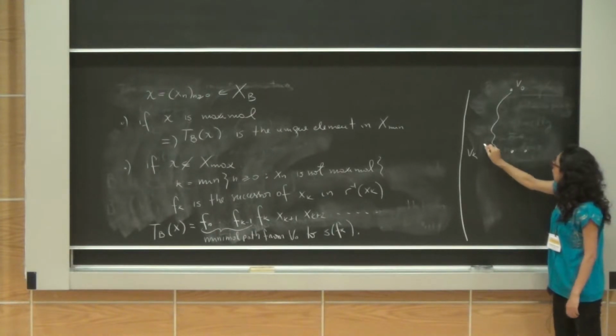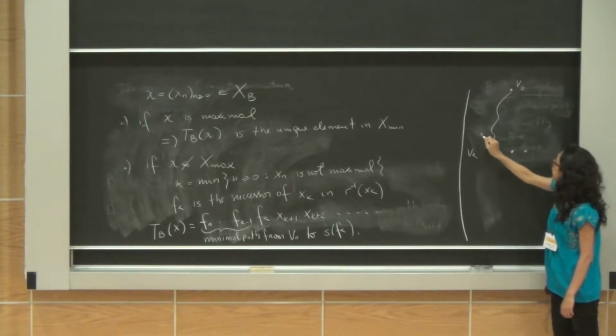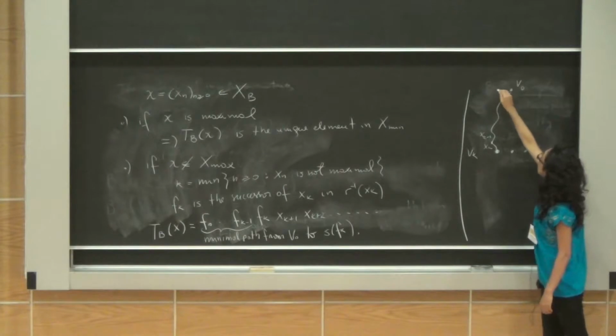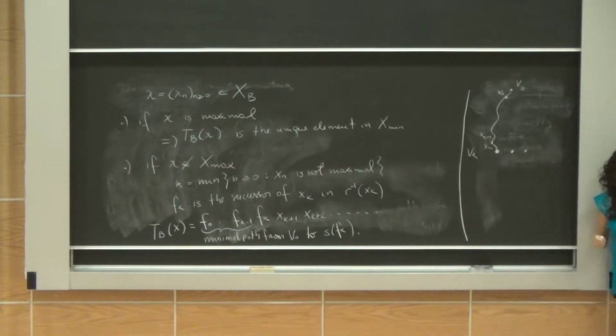So here we have xk, xk minus 1, x0. What we are doing with this transformation: when you define this order in the set of edges that arrive to the same vertex, you can extend this order to the paths arriving to the same vertex, just using the lexicographical order.